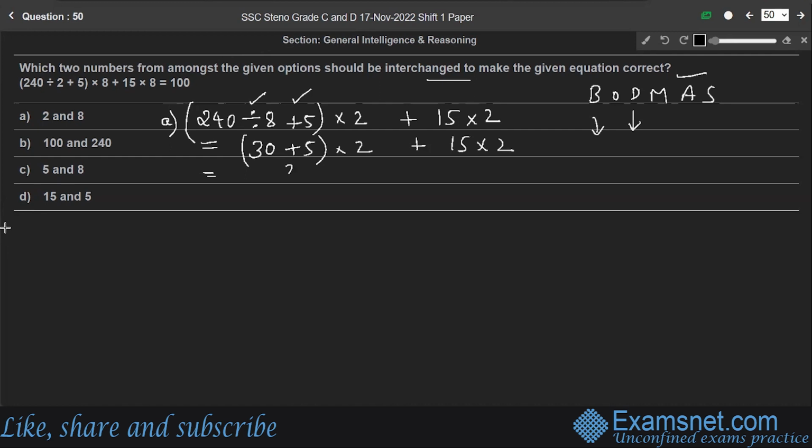So 35 into 2 plus 15 into 2. Multiplication comes first before addition. 35 into 2 is 70, plus 15 into 2 is 30. We have 100, which is nothing but the right hand side. Therefore, if we interchange 2 and 8, the equation will get balanced. Hence, option A is the right answer.